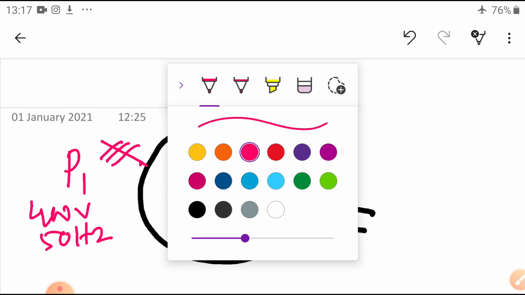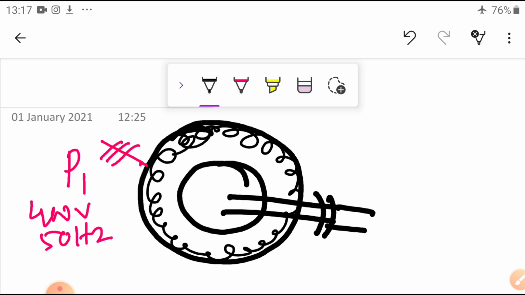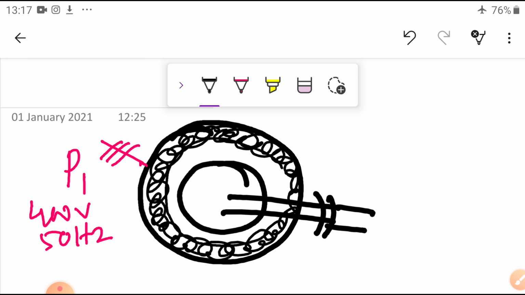Similarly, what happens here? The stator has the stator core as well as the stator winding. So whatever EMF is induced, that is E1, self induced in the stator.